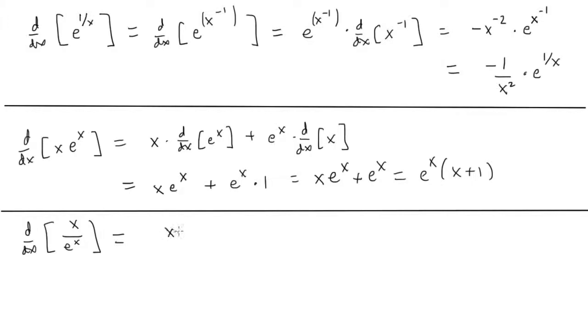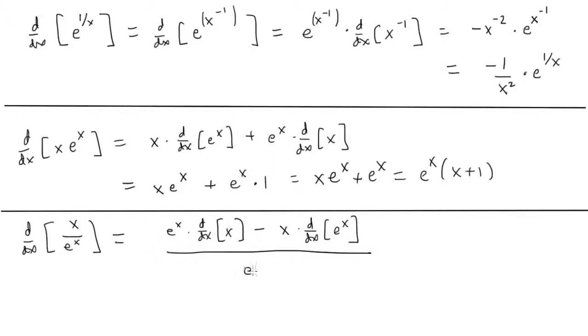It's the bottom thing times the derivative of the top thing minus the top thing times the derivative of the bottom thing, and then the whole thing gets divided by the bottom thing squared.